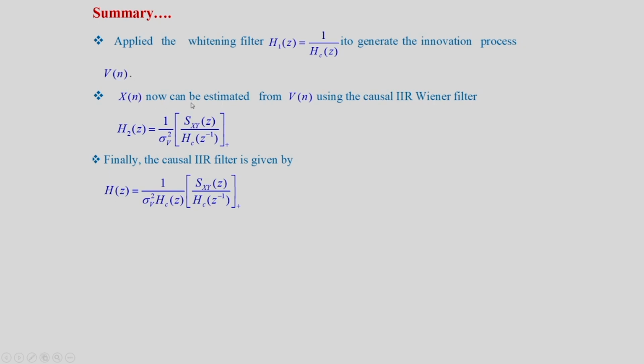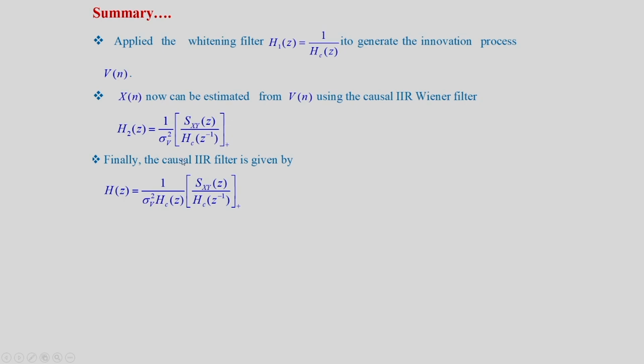Xn now can be estimated from Vn using the causal IIR Wiener filter, which was derived as H2z equal to 1 by sigma v square into the positive part of Sxyz divided by Hc z inverse.